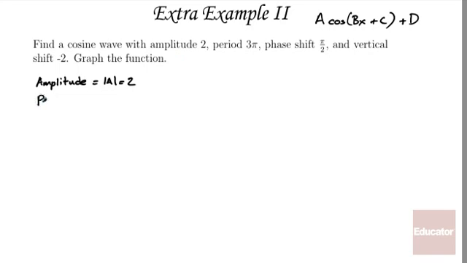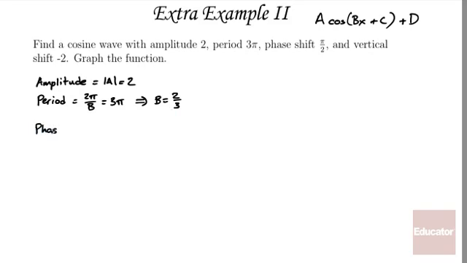The period is 2 pi over b, and that's supposed to be equal to 3 pi. So from that, if we solve for b, we get b is equal to 2/3. So that's how we can figure out what b should be.